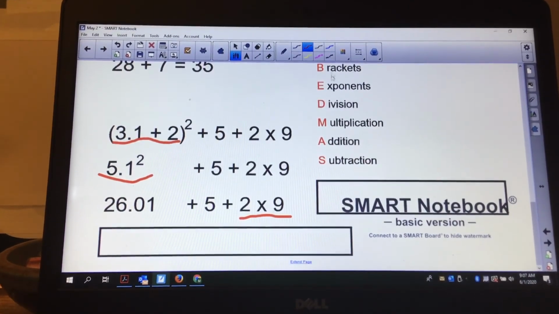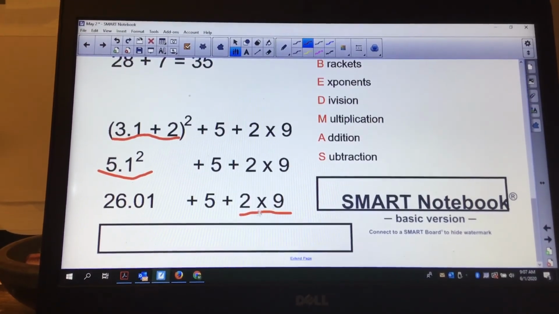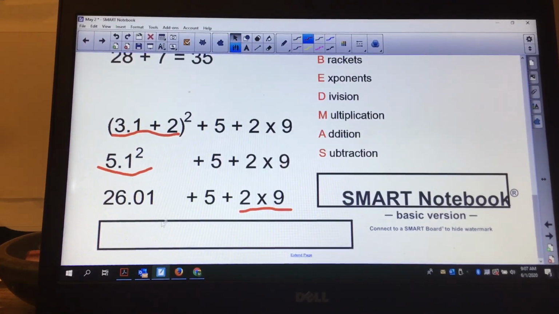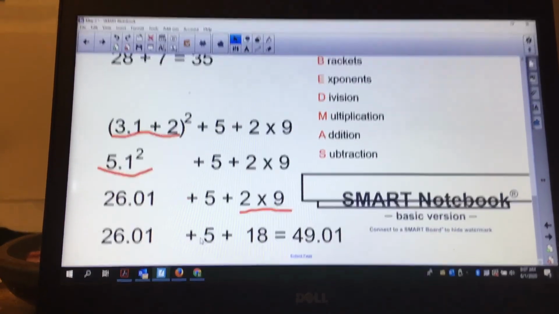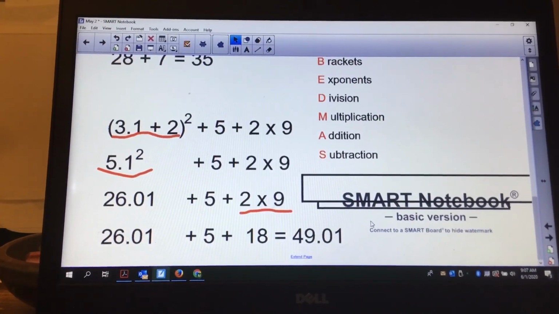After our brackets, we do our exponents, then we do our division, multiplication. I have some multiplication at the end. So 9 times 2 is 18. My 26.01, I'm adding 5. I'm adding that 18 and I get 49.01.